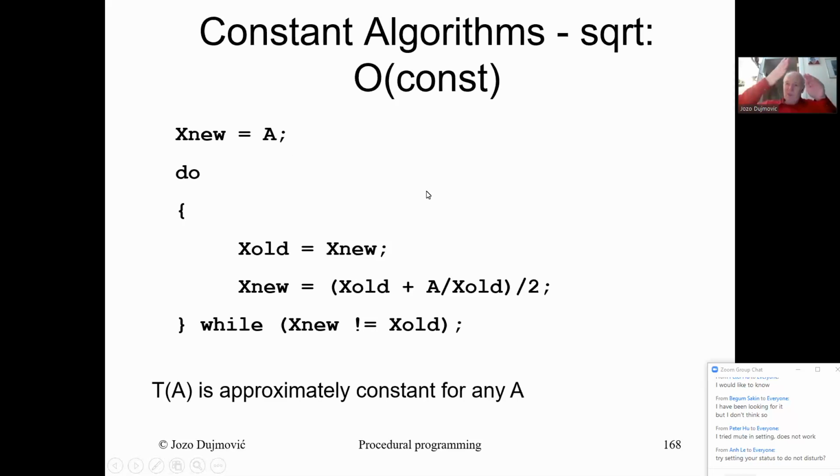So imagine this hyperbola xy equals a, and the straight line, which is x equals y. If xy equals a and x equals y, then x squared is a, and x is the square root of a. Therefore, what you get is the intersection of the straight line and the hyperbola.